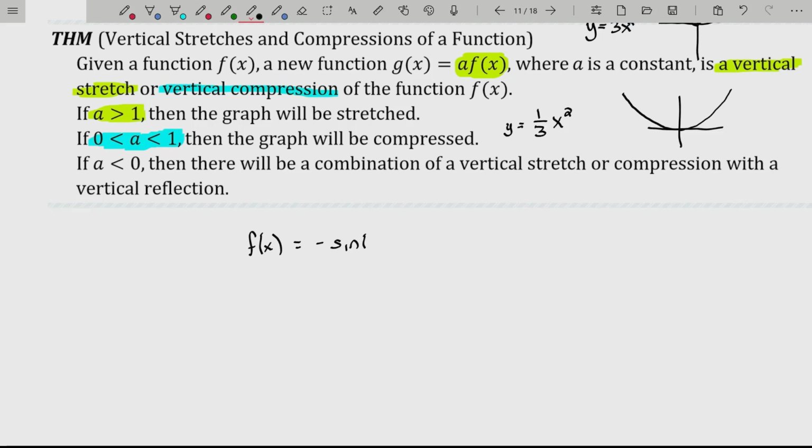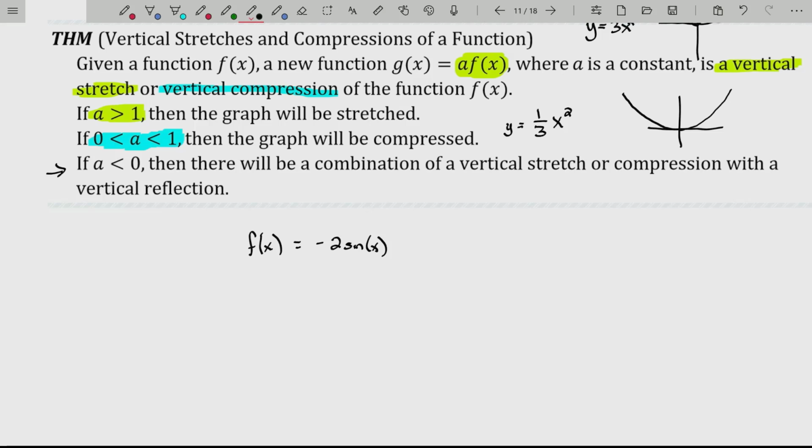That would look like the sine, but reflected about the x-axis. Well, this last line says not only can you have a reflection, but if there's a 2 in front of that, then it's reflected and stretched by a factor of 2. So that starts combining a lot of our transformations.